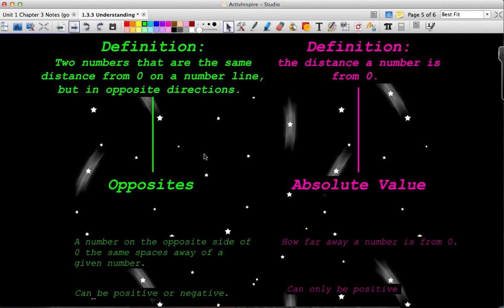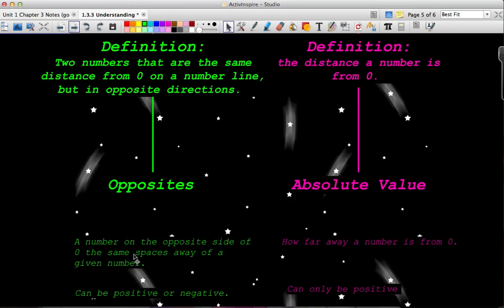So in this case, you are looking for the opposite number. Here, you're just relating it back to 0. You're looking at the number and saying, well, if I'm a -7, that means I'm 7 places away from 0. Not -7 places away from 0, just 7 places. That's why it's the absolute value. It just wants to tell us how far it is away from 0, regardless of positive or negative.